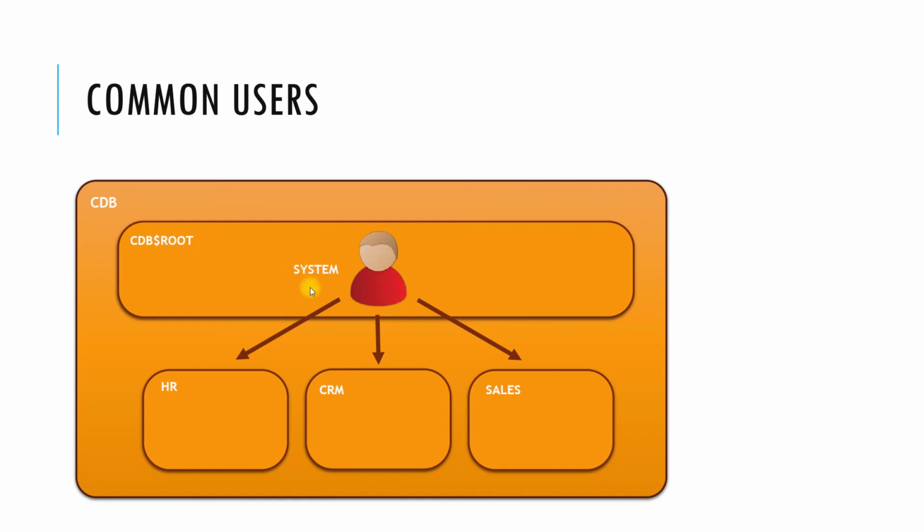As we already discussed, SYSTEM is a common user, and we can create alternate common users as per our environment in the CDB$ROOT, but the creation style is totally different. It's not the same as in non-CDB databases, as we used to see in 11gR2 and prior.